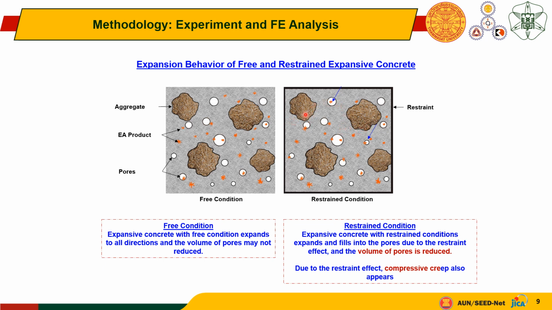Besides that, because of the effect of restraint, compressive creep also appears. Because we simulate this finite element analysis at the macroscopic level, we cannot model the effect of pores in the finite element analysis.